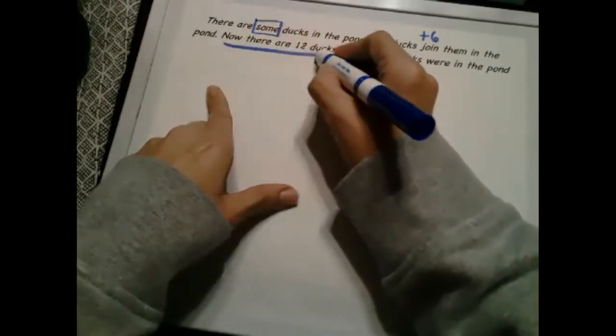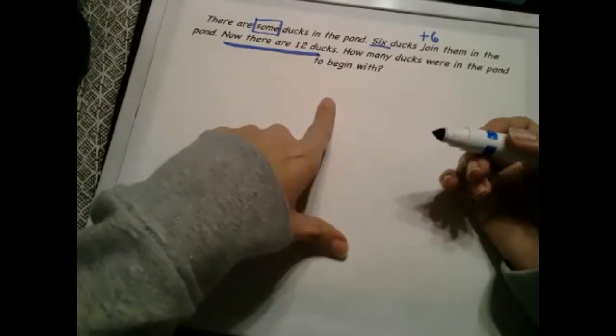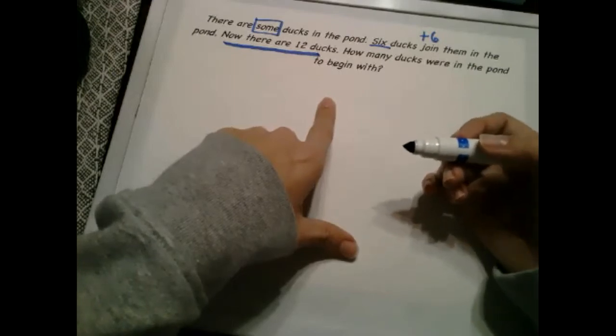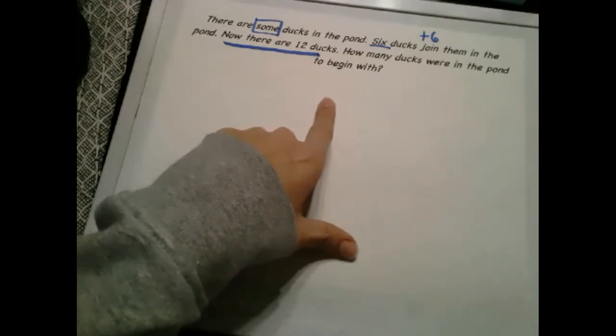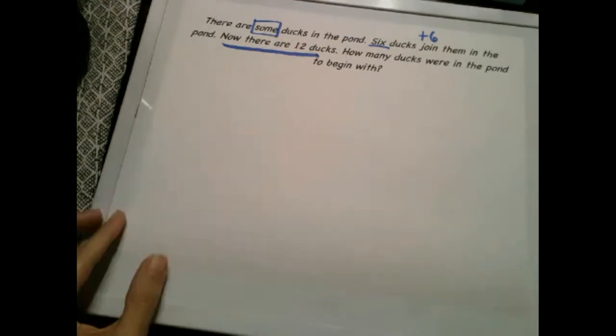Now there are 12 ducks. What equation would you write to help you solve this problem? When you have your equation written, go ahead and use your strategy or model to solve this problem. When you're ready, hit play.